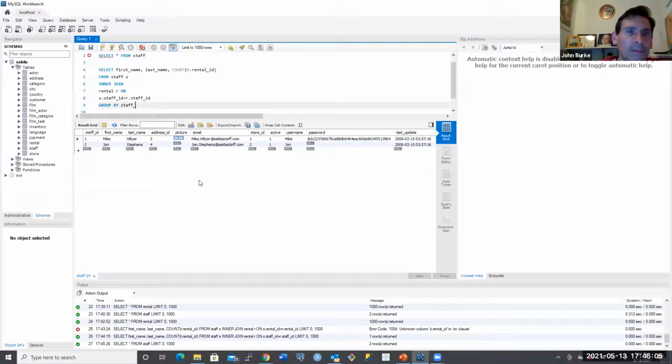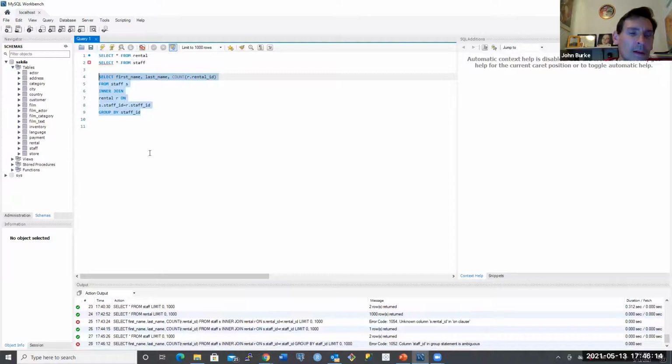Let's see what this gives us. Oops, I left something off. A good thing to note here, and you've probably already experienced this: since we've aliased these, staff ID is present in both tables we're using, so it doesn't know which one you mean if you just say staff ID without referencing the table alias it's attached to.